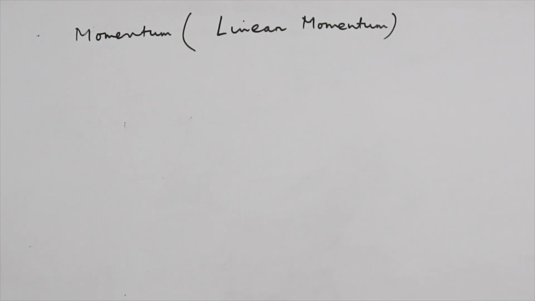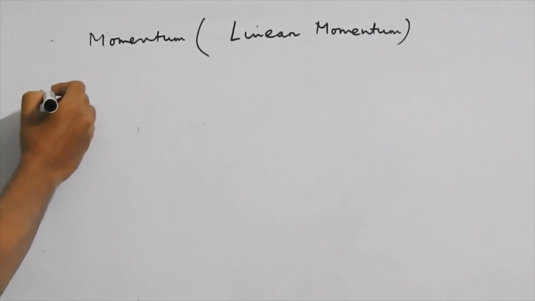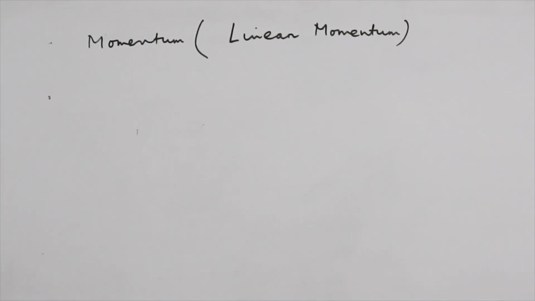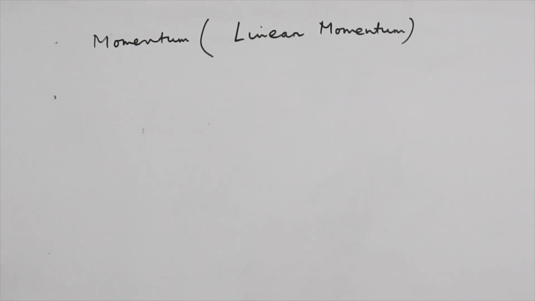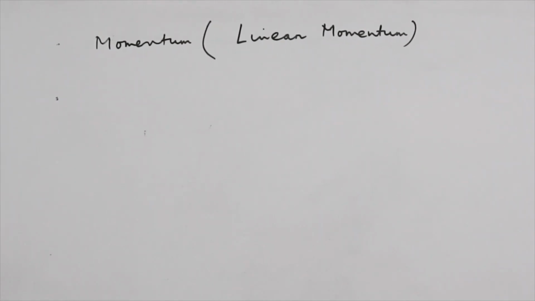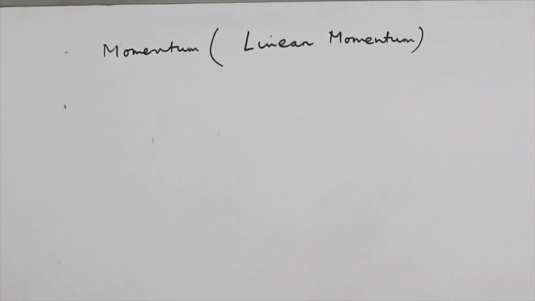So whenever we discuss the quantity of motion possessed by a body, or what we call linear momentum, it is the contribution of mass as well as the contribution of velocity that determines the momentum of the body.